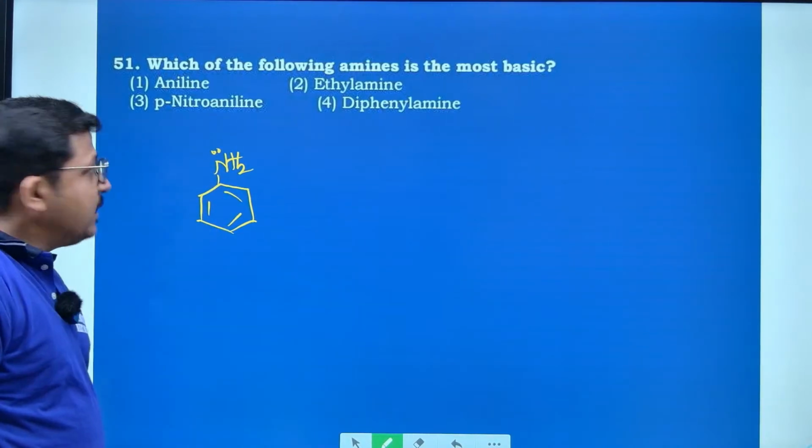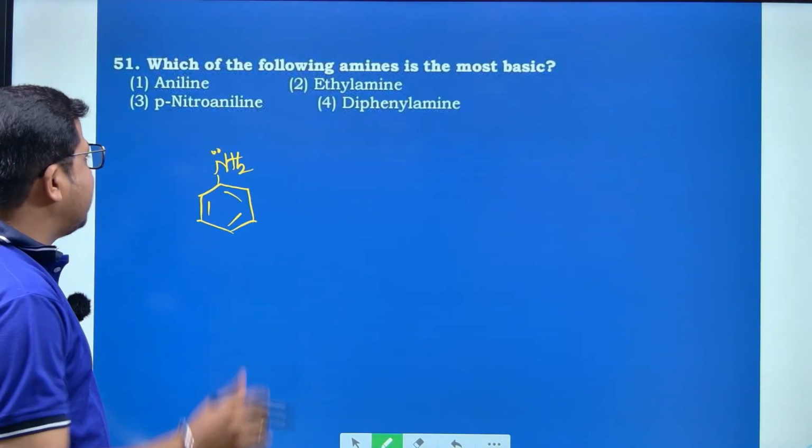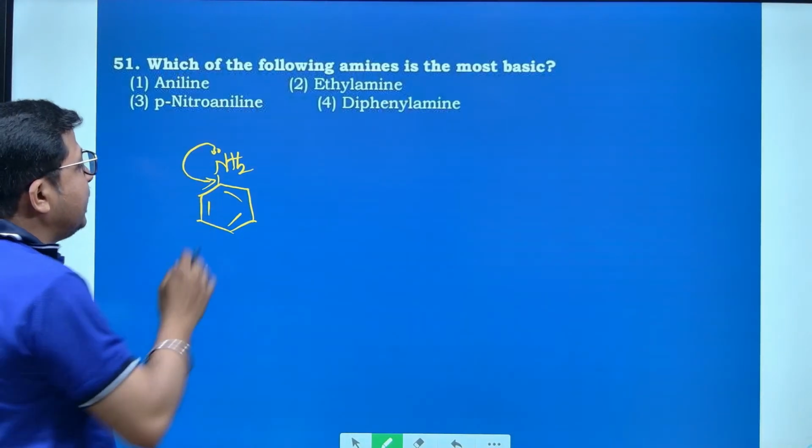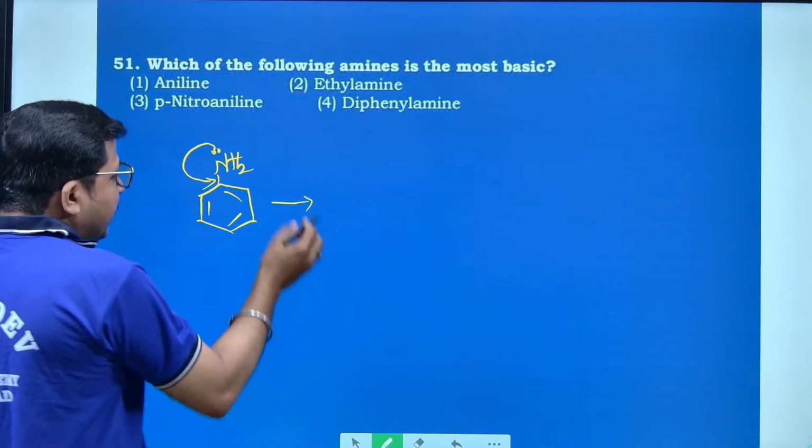Aniline, what is the basic nature? Aniline donates a lone pair of electrons towards the ring.